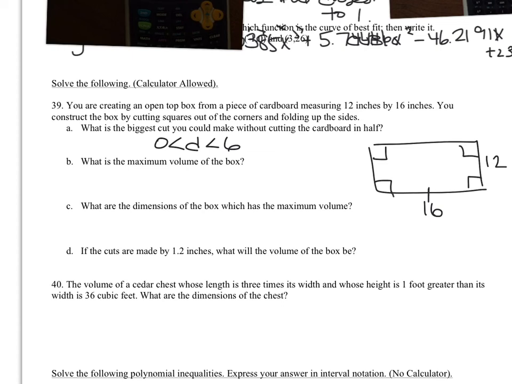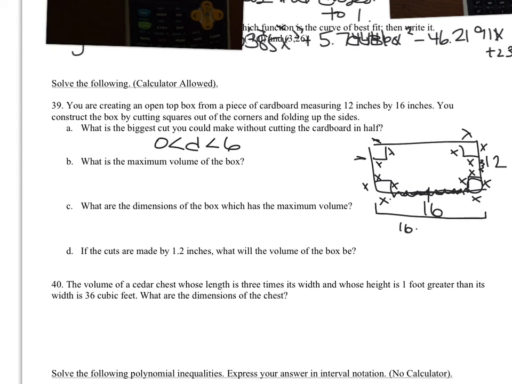Because you only want this much of the sides, I don't know what these cuts are, so I'm going to label all of these x. I don't know, but obviously if I'm making a box, they all have to be the same. So I only want this piece. This whole piece is 16, but I don't want these 2 x's.